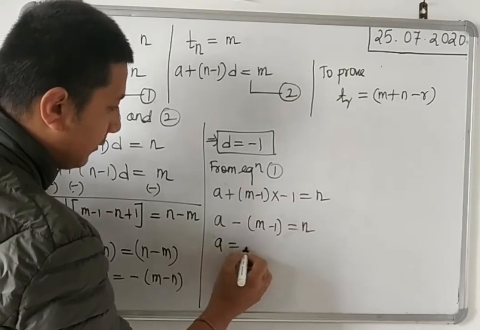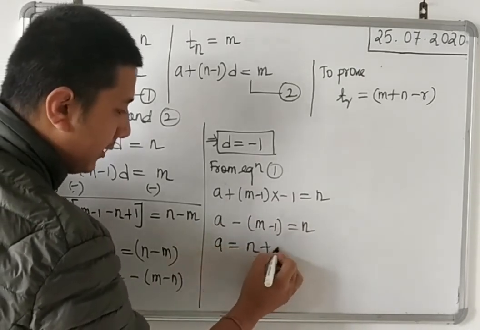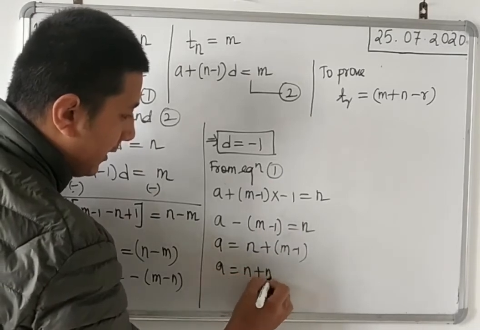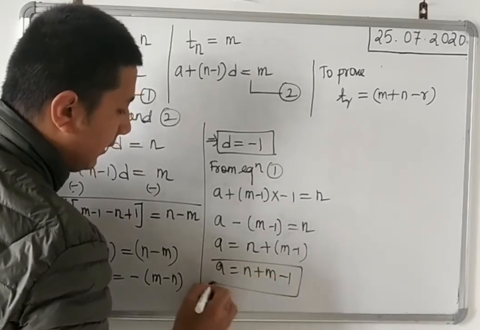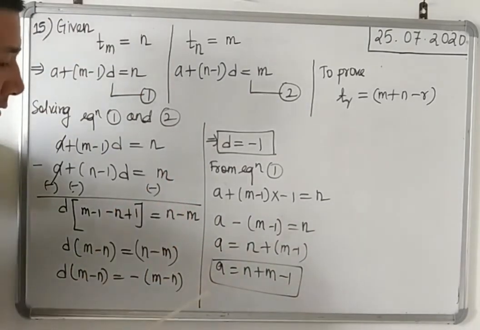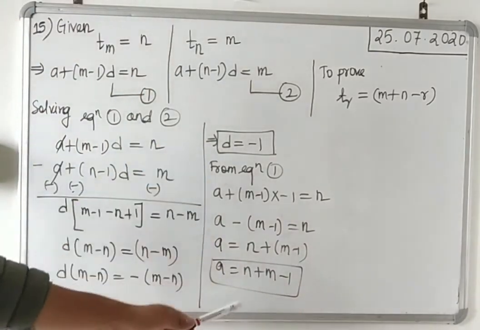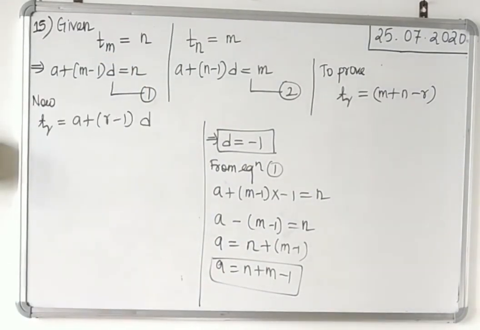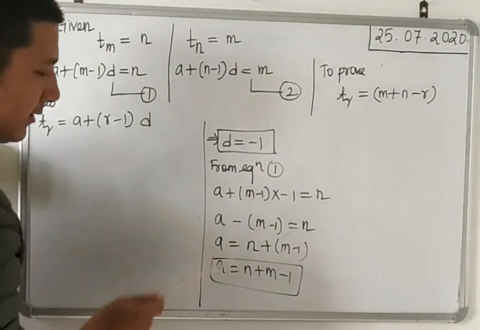So a is equal to n plus m minus 1. So basically we were looking for these two values, the value of d and the value of a. Please pause the video, copy it down fast. Alright, so this is the value of d and this is the value of a.